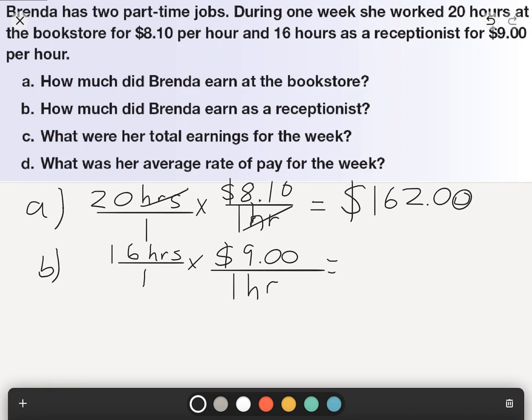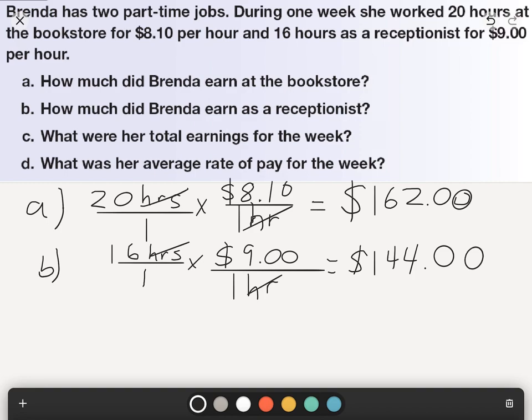Okay. So looking at this, I can cancel off my hours, and then I can think of this as 90 plus 54, right? Using a little mental math. So that would be 144.